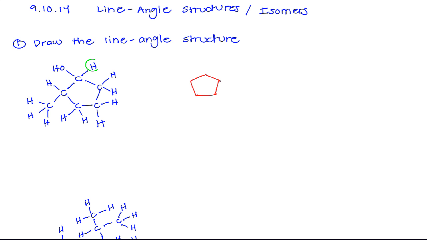So this hydrogen, all of these that are directly attached to carbon, we're not going to worry about when we're drawing the line angle structures. The one that's on oxygen has to stay. So let's draw everything in that's left.